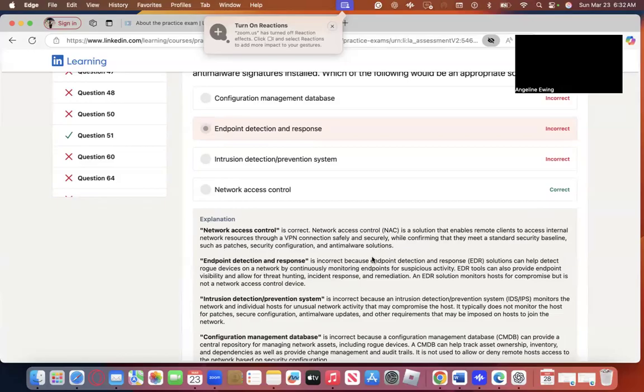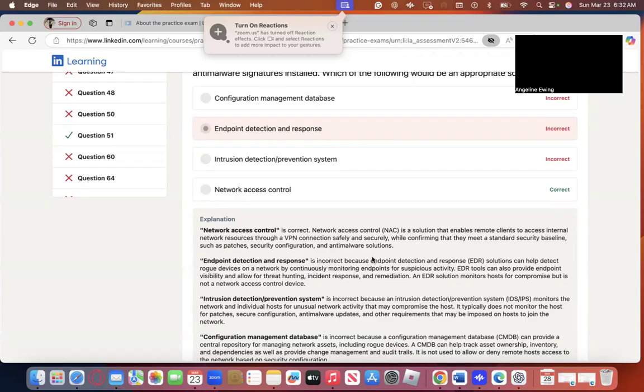Intrusion detection/prevention system, IDS/IPS, monitors the network and individual hosts for unusual network activities that may compromise the host. It typically does not monitor the host for patches, secure configuration, anti-malware updates, and other requirements that may be imposed on hosts to join the network.